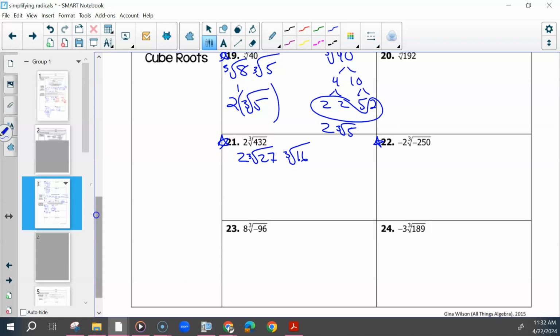That might not be the highest. We could use this one, but it might not be the highest. It's going to be 216.